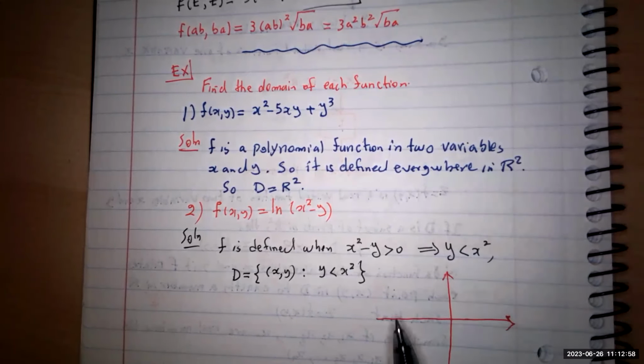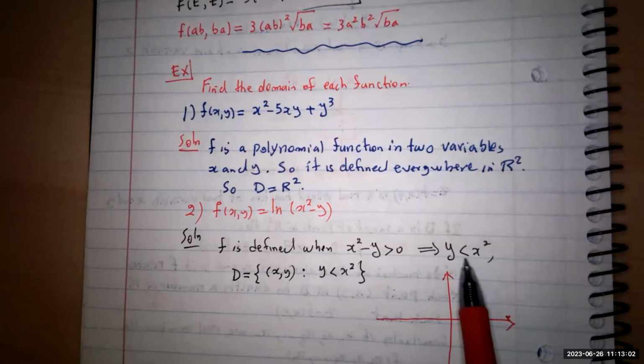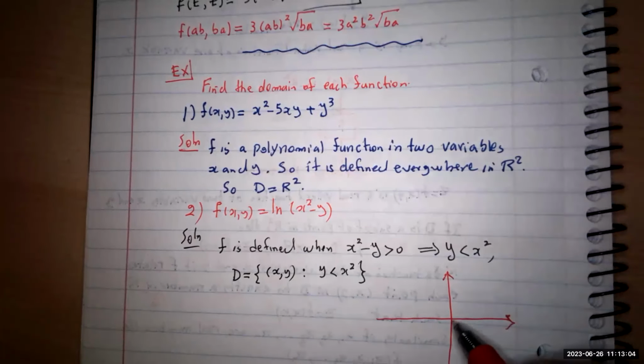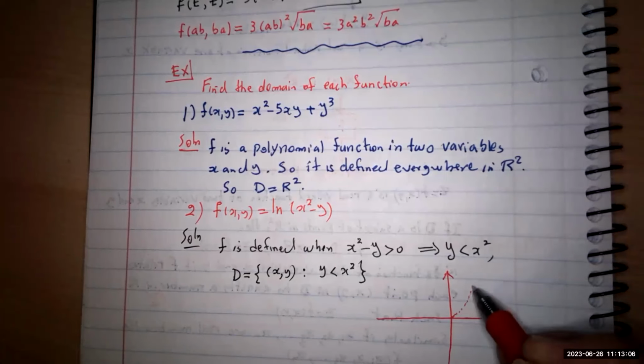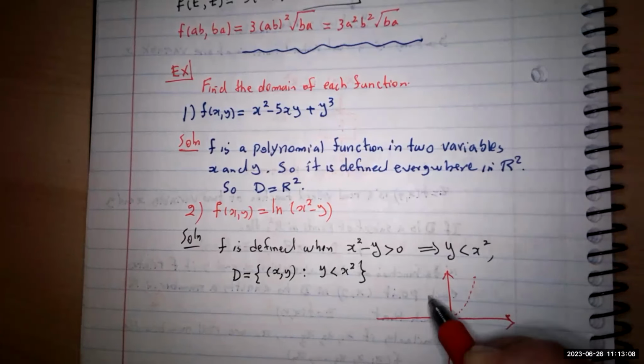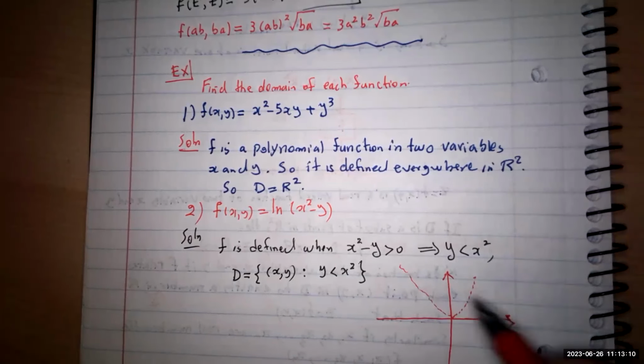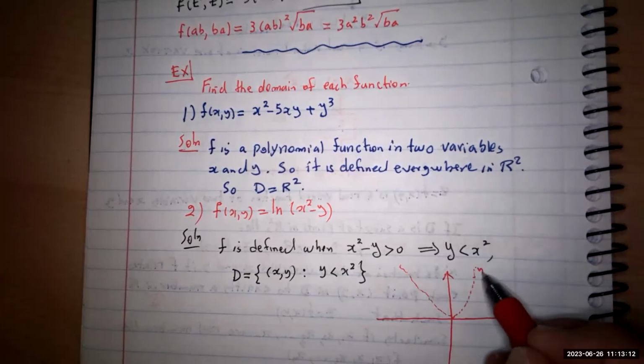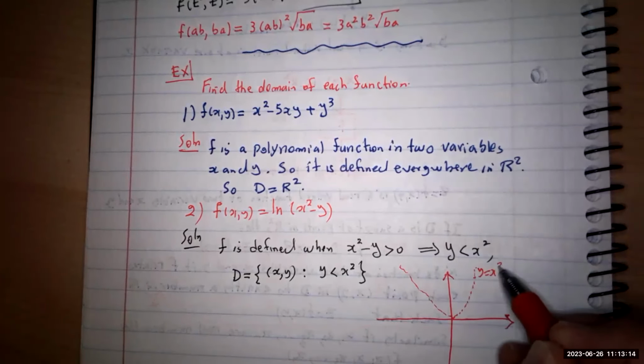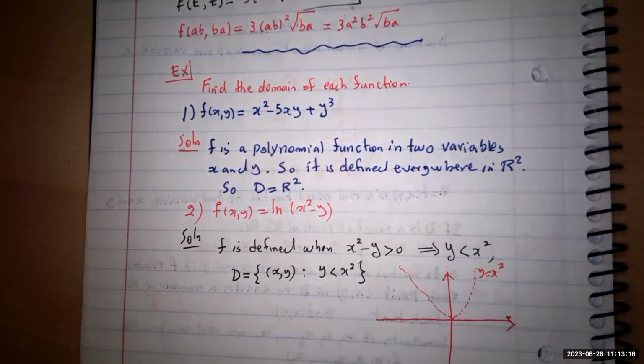So y equal to the x squared is going to be a parabola. You don't have the equality sign, so we're going to write it as a dotted curve. You see, this dotted curve would be y equal to the x squared. And the points you are going to be interested in are the ones that satisfy y less than x squared. You know that y less than x squared would be all the points below the graph, if you like.